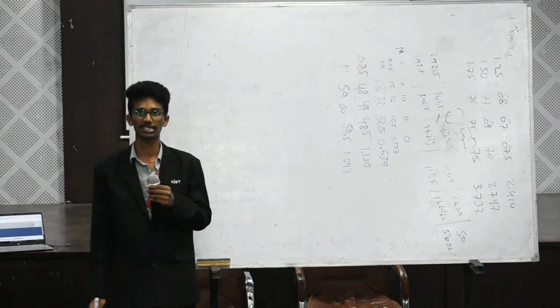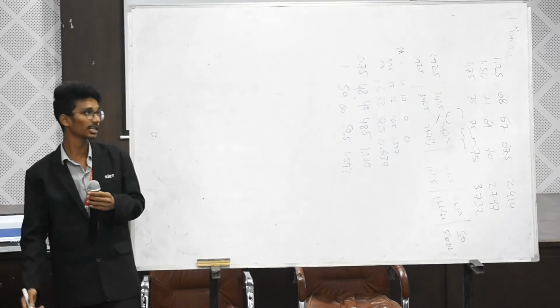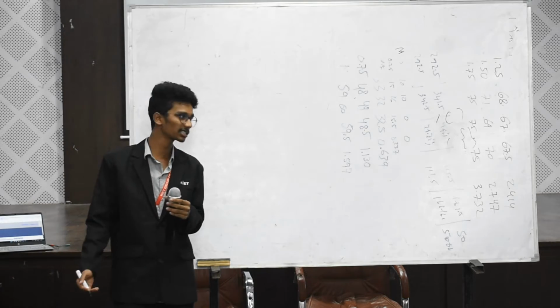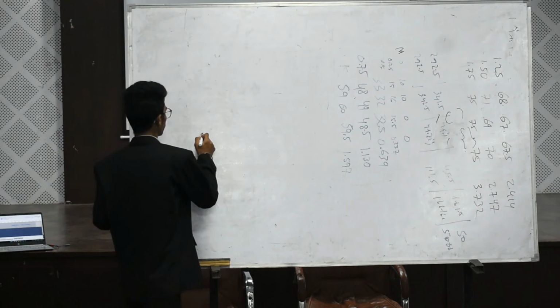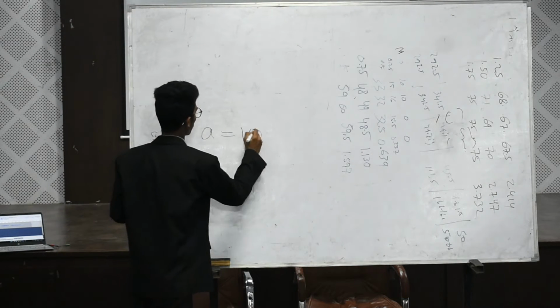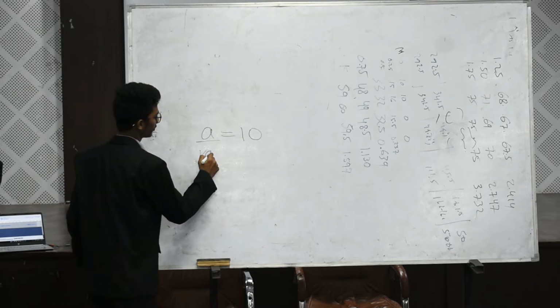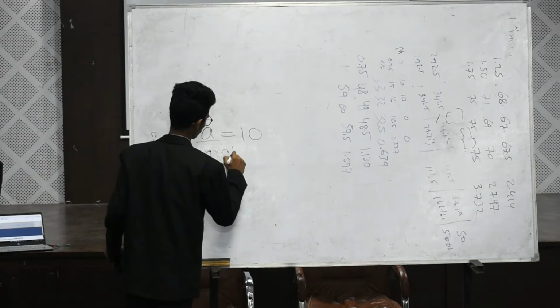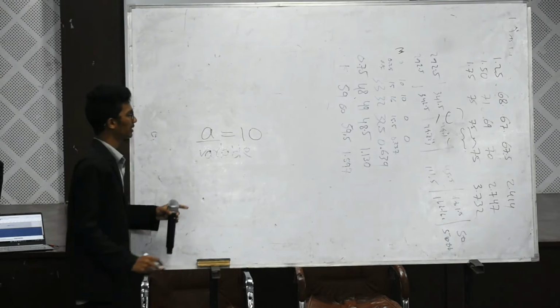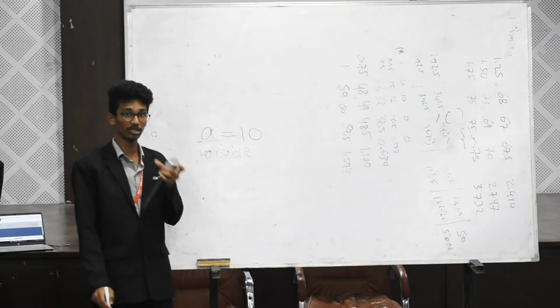Everyone knows operators and expressions. Expressions are nothing but a combination of variables and operators. If you take a is equal to 10, here a is the variable. Variable is nothing but a name given to a memory location.